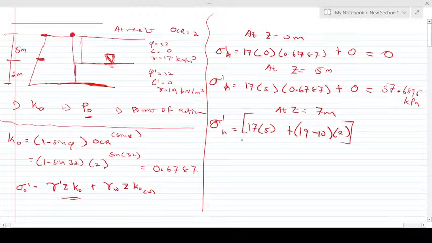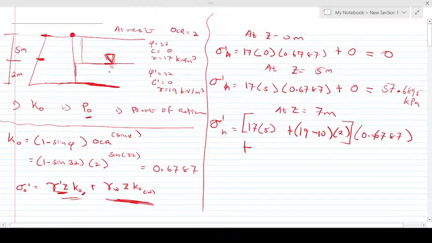So this is for the gamma z, right? Then our next thing is our K naught. So what is our K naught? Our K naught is 0.6787 plus this aspect. Is there water? We are here. Is there a column of water above it?